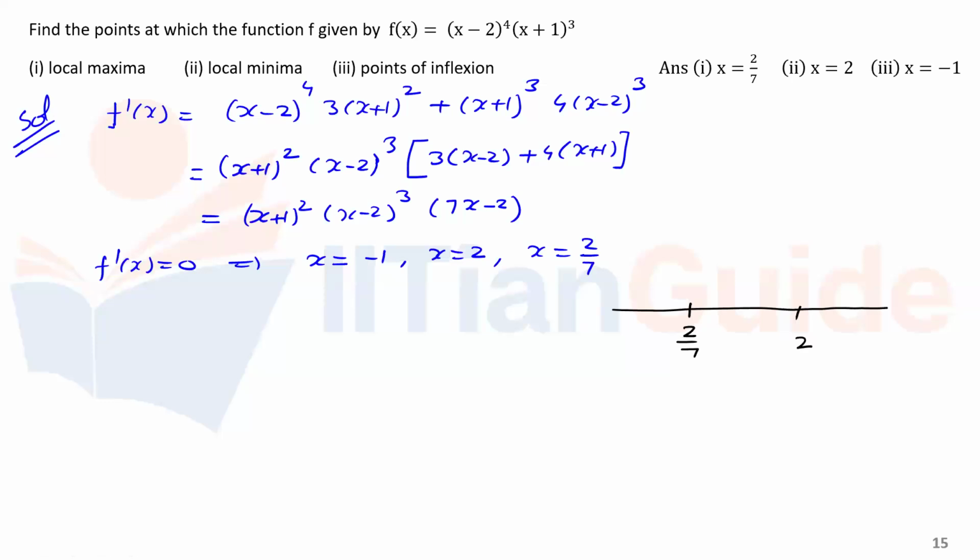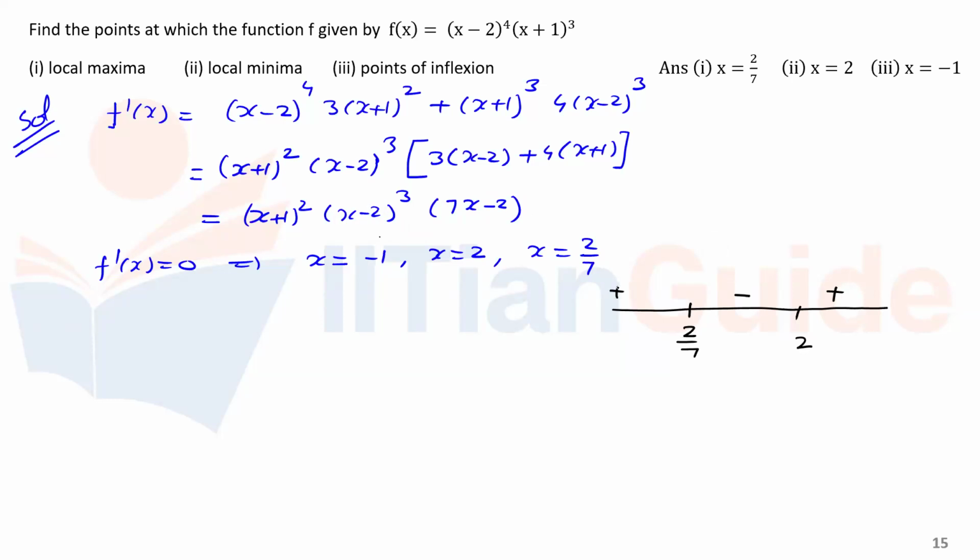When you take x to be larger than 2, okay, then this term will be positive, this term will be positive. Overall, I am going to get positive value. But when x is smaller than 2 and larger than 2 by 7, this term will become negative, this is positive, basically alternate positive, negative.